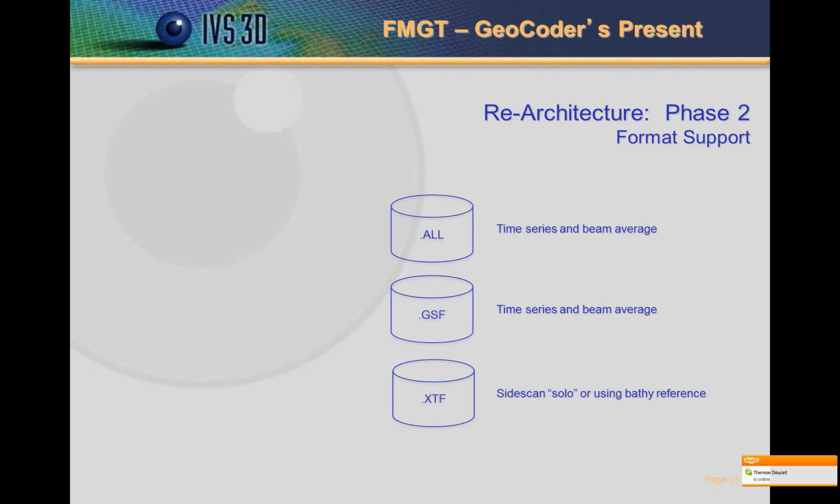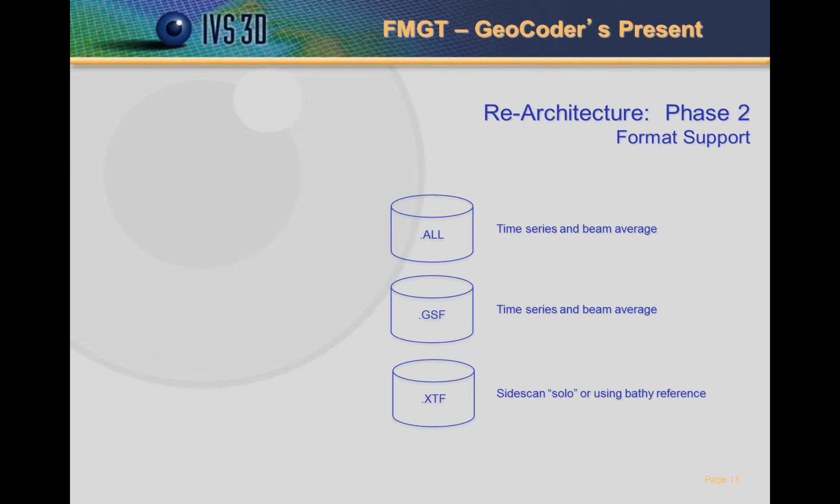GeoTIFF files, because again those can contain both the bathymetric solution and the backscatter. We'll do time series and beam average for that. And then XTF for Sidescan solo. So you can either do Sidescan solo, or you can use a reference bathy surface to aid in additional corrections.